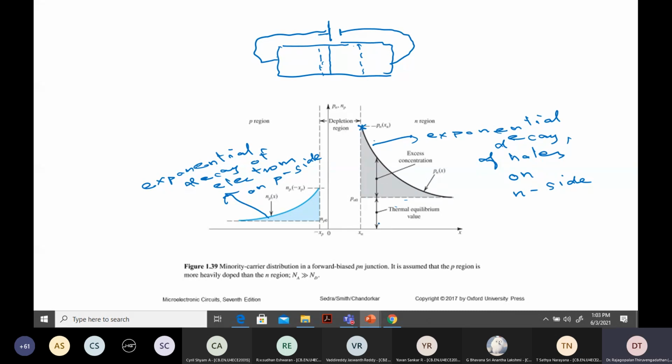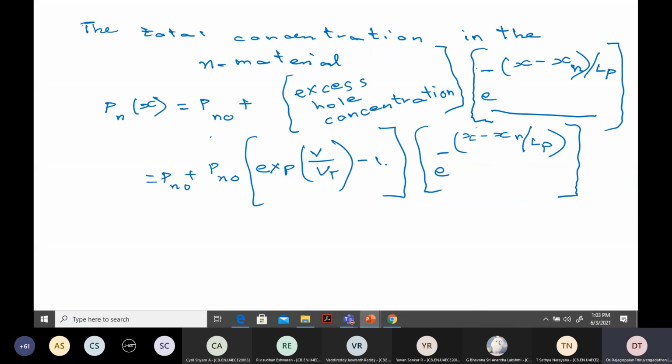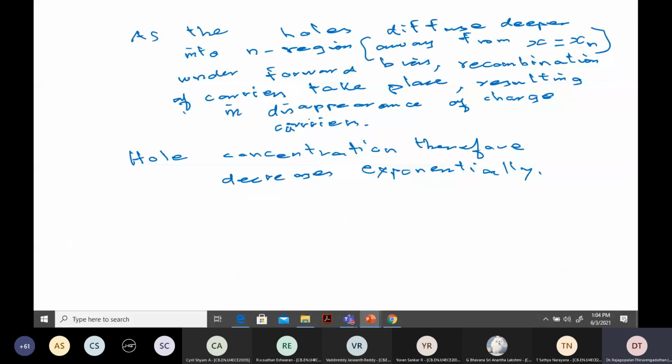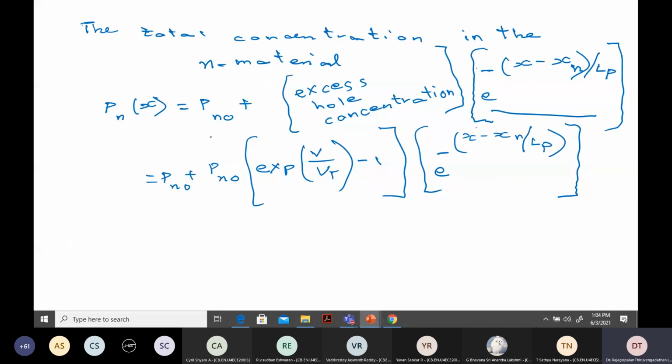So from here, it will be the thermal concentration plus excess concentration. Are we getting that term? You can put x equal to xn and you will get that term. Please check that. The Pn naught will get cancelled, leading to only this term. So you will come back to equation 1 when you put x equal to xn.